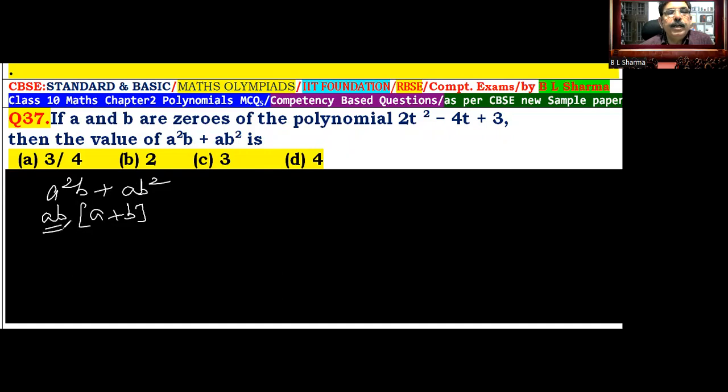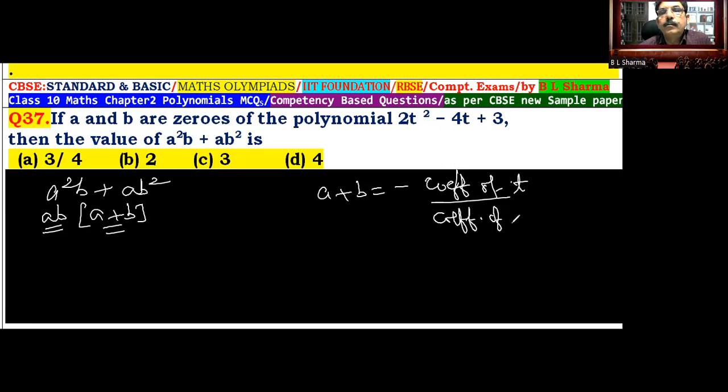Means we need the product of zeros and the sum of zeros.